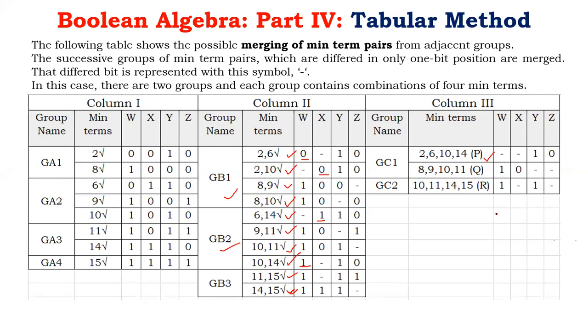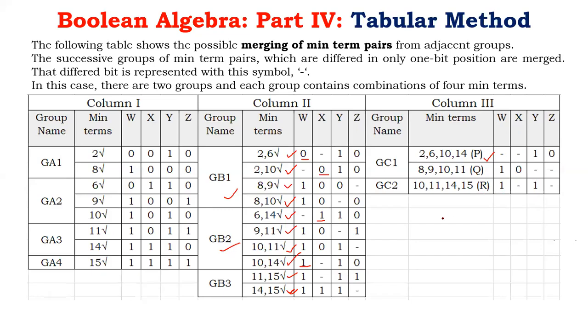So the 1 means Y, 0 means the Z bar. Here 1 means the W, 0 means the X bar. So Q is defined as W X bar, P is defined as Y Z bar and R is defined as W Y.